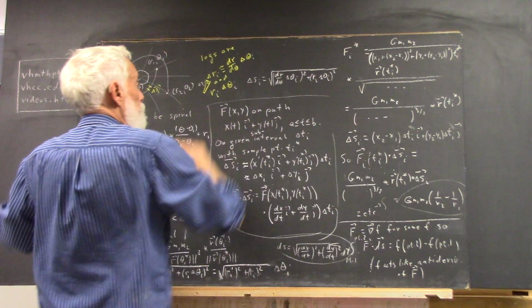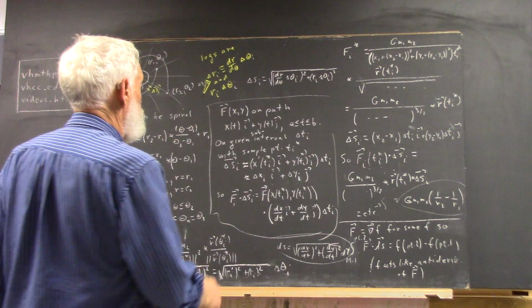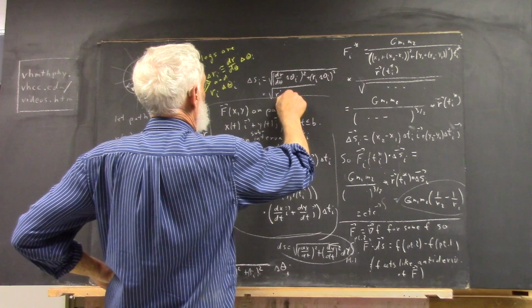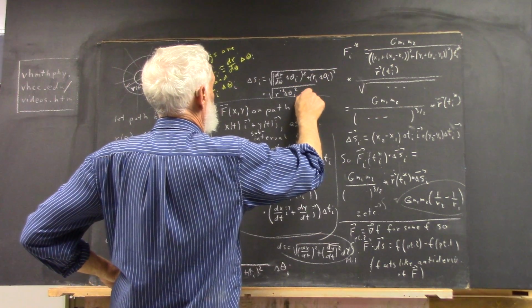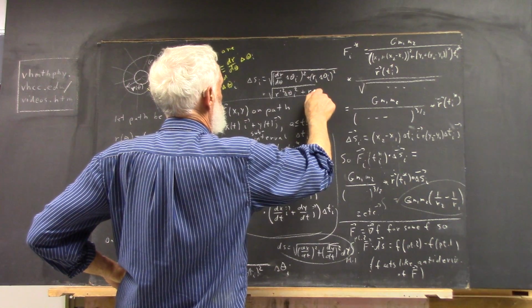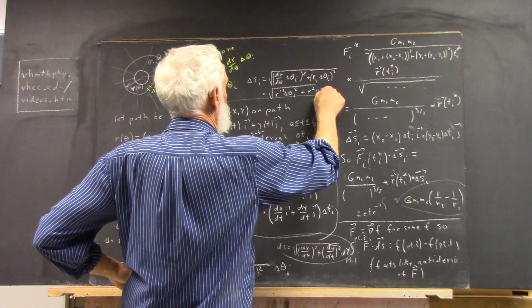That should have an I in that delta theta. Which we can write as the square root of r prime squared delta theta I squared plus r squared delta theta sub I squared.